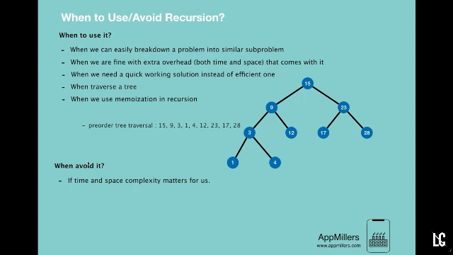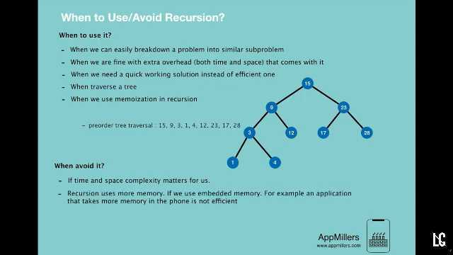Recursion uses more memory, because the function has to add to the stack with each recursive call and keep values there until the call is finished. The memory allocation is greater than that of an iteration function. If we use embedded memory, for example, an application that takes more memory in a phone is not efficient.